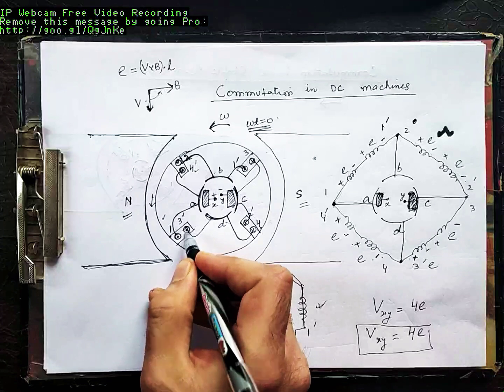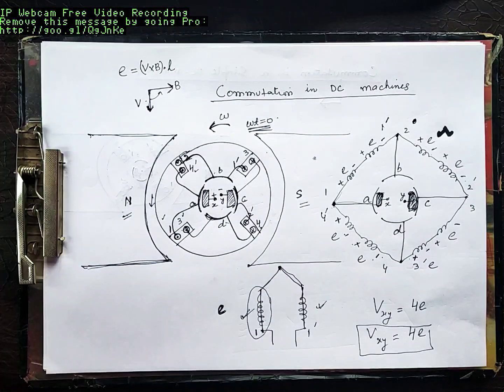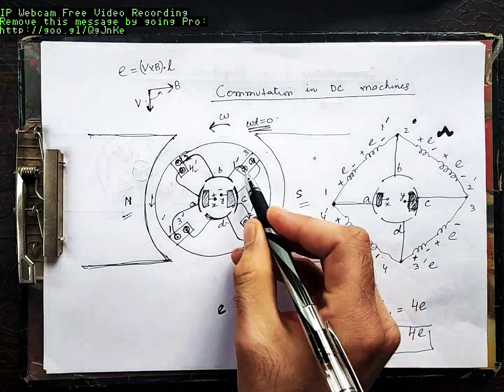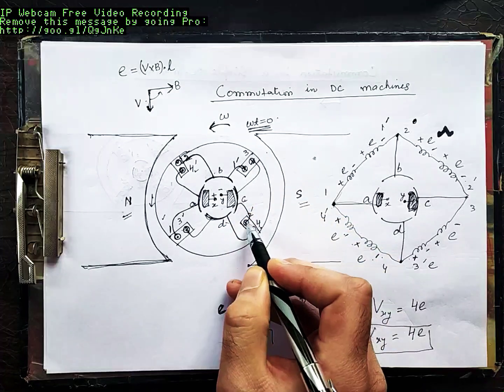So dot here, dot here, dot here, dot here. By the same logic, the ends under the south pole will have a cross. It will go into the plane of the page.